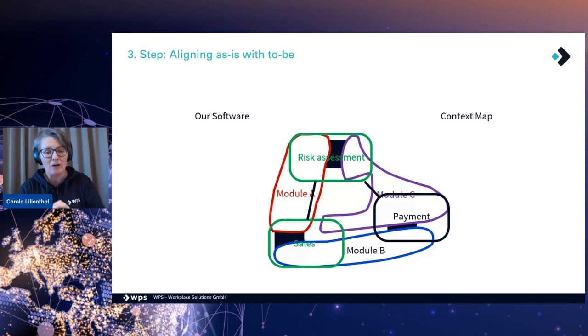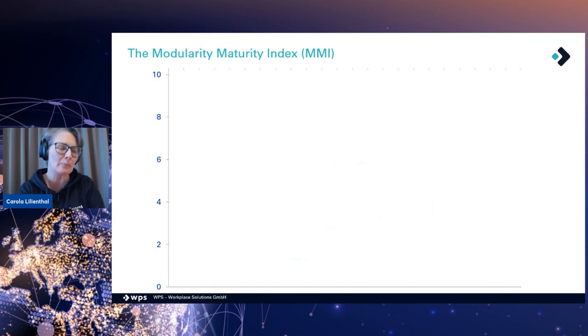To find out how well or how poorly the modularization has succeeded in the as-is, we measure the system with the modularity maturity index. The modularity maturity index gives systems with poor modularization a score between 0 and 4. Systems that are rather mediocre get a score between 4 and 8.